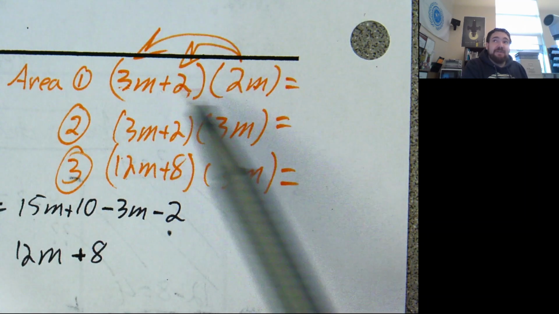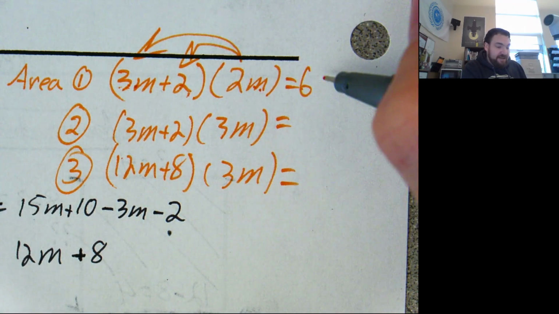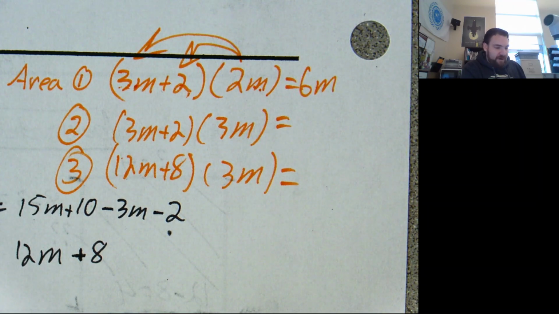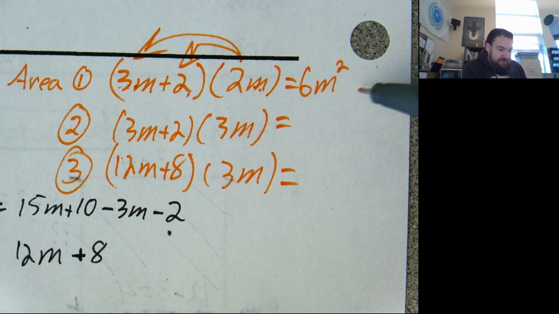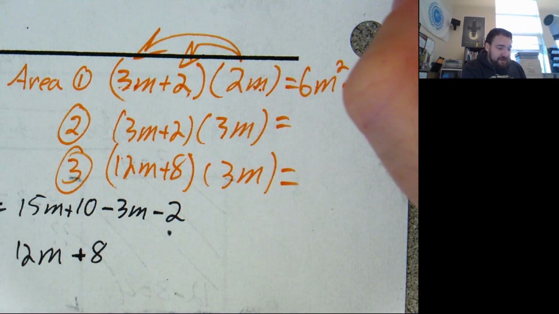So 2m times 3m is 6m almost squared. Thank you, Juno. And then 2m times 2 is positive because they're both positive. 2 times 2 is 4, and the m comes along for the ride.